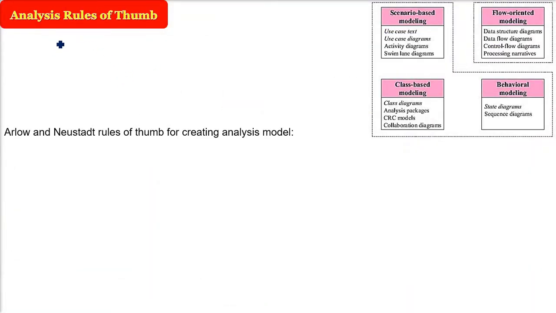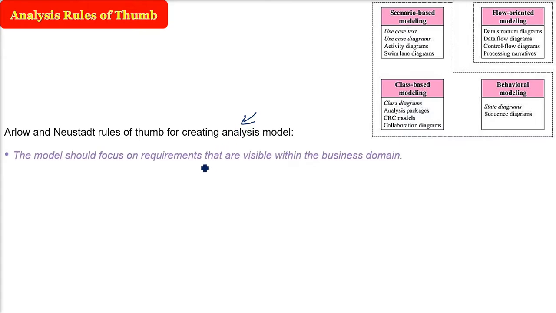When you do requirement analysis, requirement modeling, there are rules of thumb given by various giants in the software engineering field. For example, Arlow and Neustadt gave the rules of thumb for creating the analysis model, that is the requirement analysis model. What are they? First, the model you are creating should focus on the highest level, that is, the requirements that are visible within the business domain.